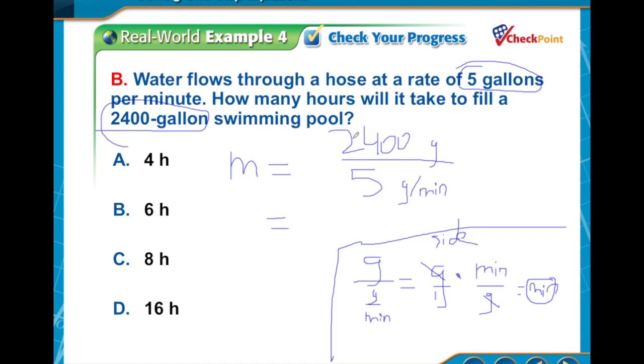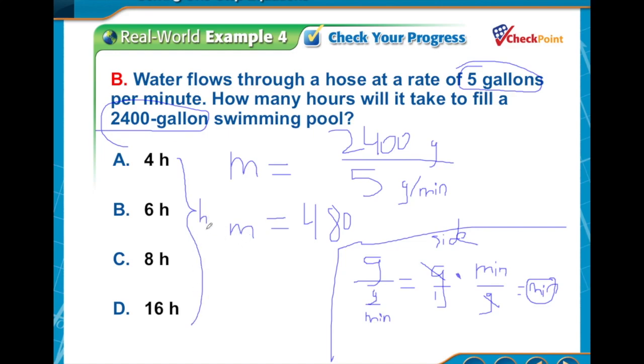And then we need to change that number into hours. So if I divide this by 5, I should get 480, and that's minutes. But notice that all of our answer choices here are in hours, not minutes.